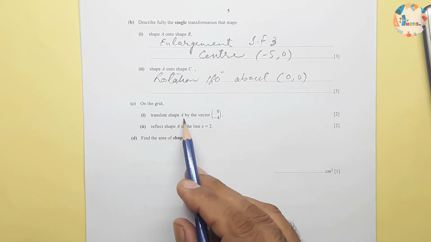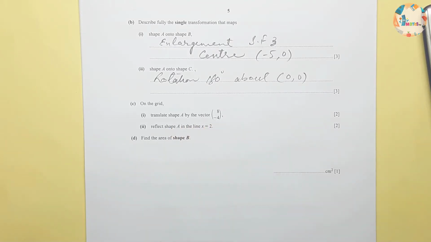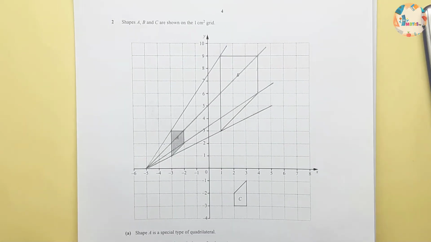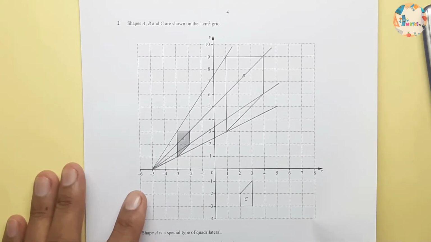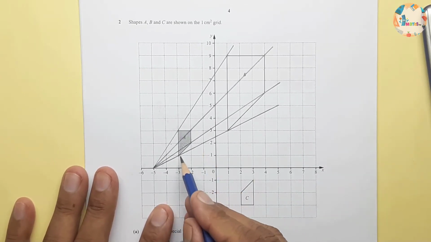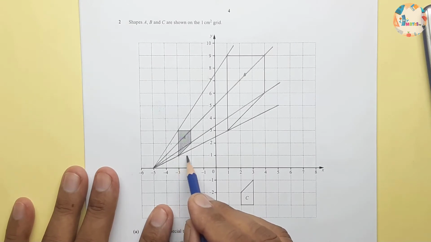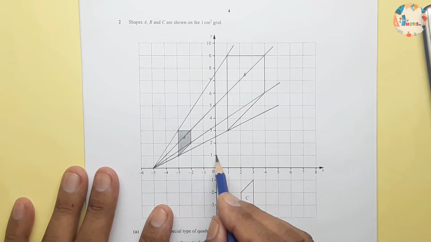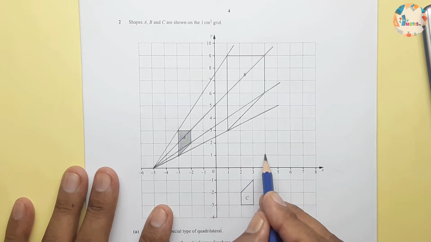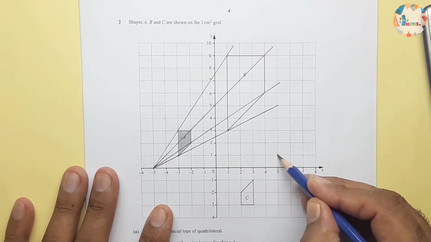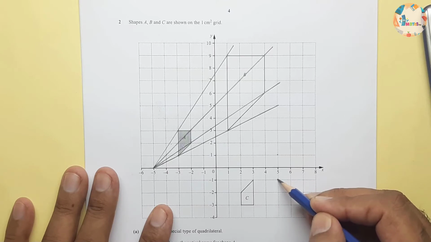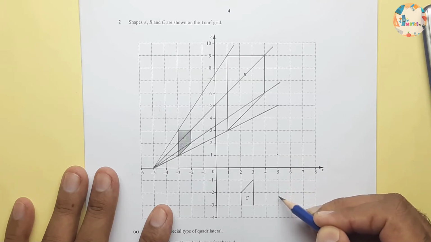On the grid, translate shape A by vector 8 and -4. So 8 and minus 4. 8 units right. For this vertex we can move 8 units right, 1, 2, 3, 4, 5, 6, 7, 8, and minus 4. So minus 1, minus 2, minus 3, and minus 4.